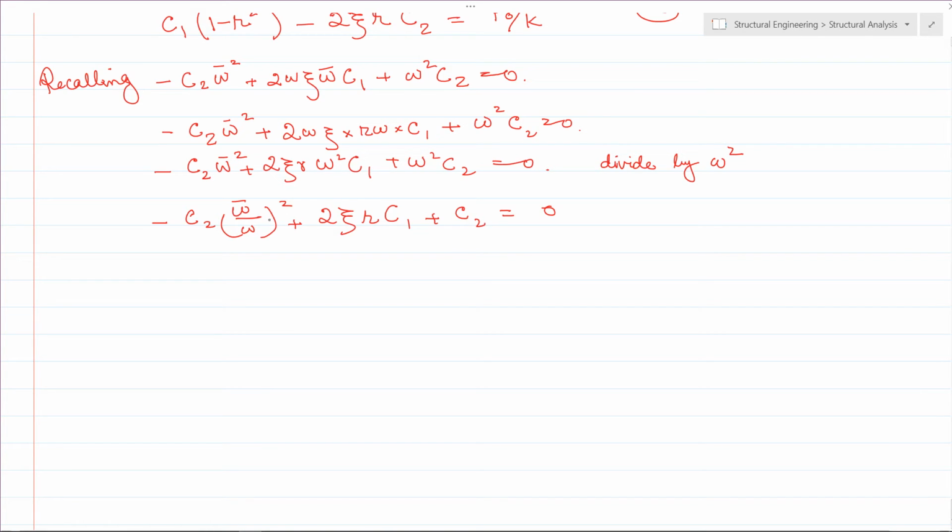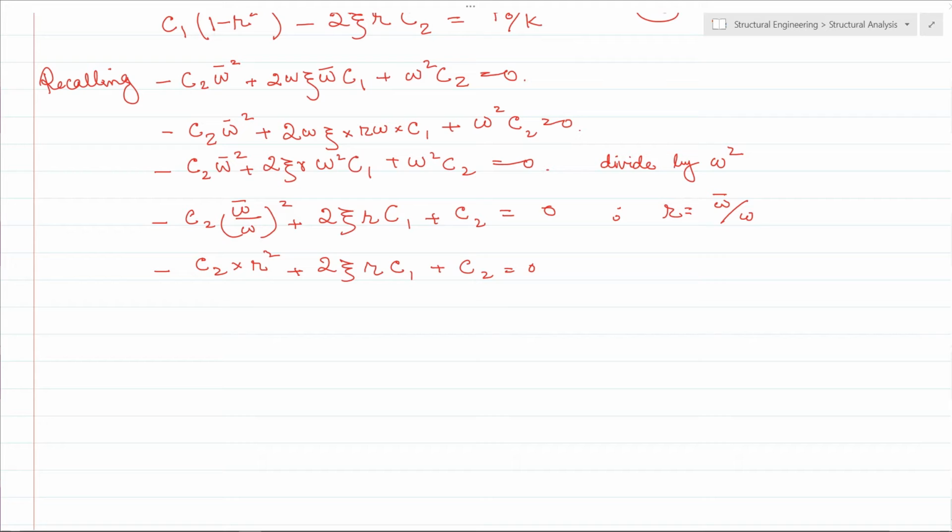Now omega bar over omega is nothing but equal to r. So r is equal to omega bar over omega. So we can write minus C2 into r square plus 2 times xi c r into C1 plus C2 equals to 0.